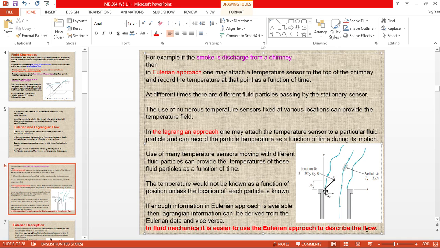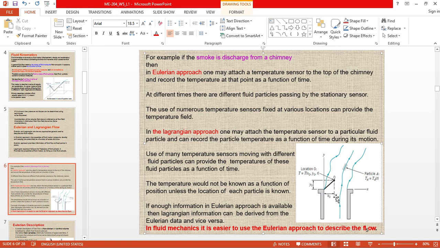Whatever smoke is exiting the chimney, we measure its temperature at time t equal to 1 second, 2 seconds, or 3 seconds. Whatever fluid particle is passing through, we measure the temperature.